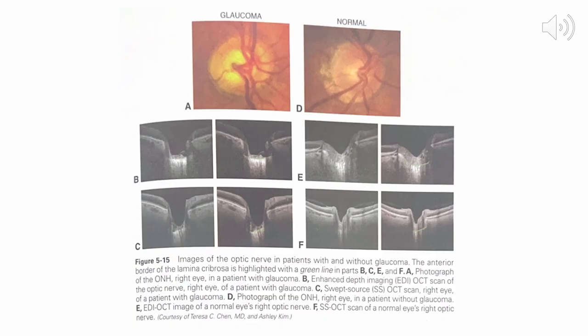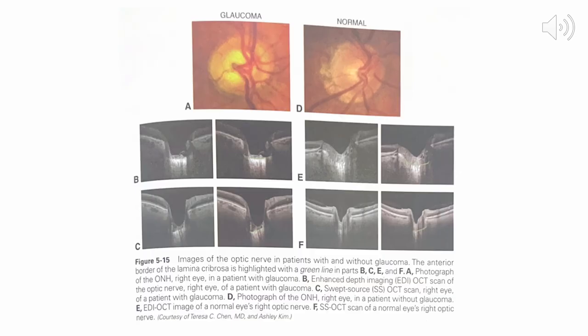Moving down to the OCT scans, panels B and C show enhanced depth imaging, EDI OCT, and swept source, SSOCT, scans of a glaucomatous optic nerve. Notice the posterior displacement of the lamina cribrosa and thinning of the neuroretinal rim. In contrast, panels E and F show normal optic nerves with a more anteriorly positioned lamina cribrosa and thicker rim tissue.